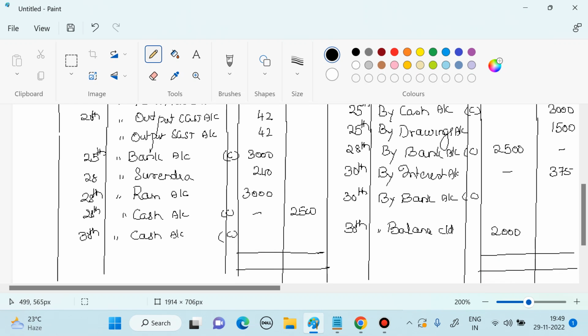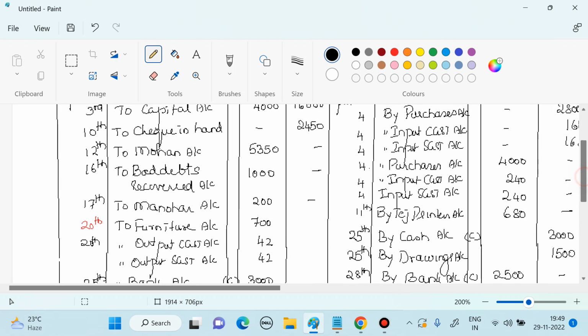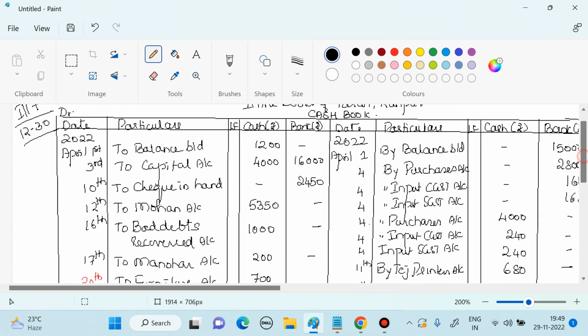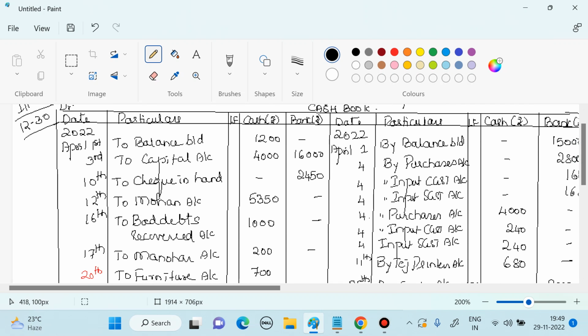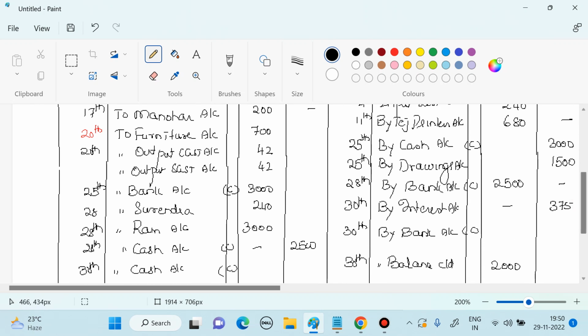First, you are supposed to take the total of the debit side of cash. Look here, how many transactions do we have? Starting from here, total it up: 1200 plus 4000 plus 5350 plus 1000 plus 200 plus 700 plus 84 plus 6400 here.